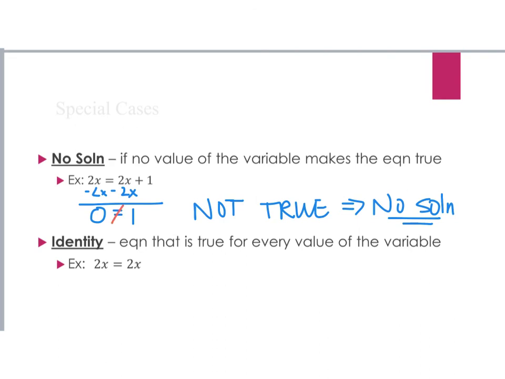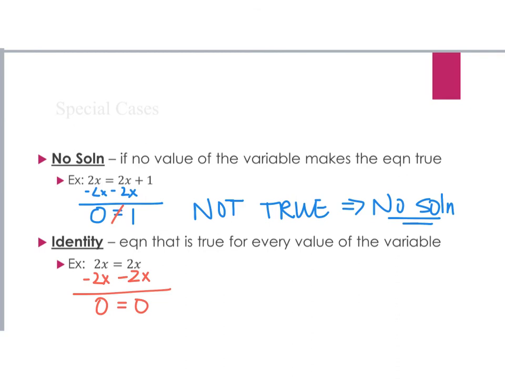Now for the second scenario, we have what we call an identity. This means that every value that we plug in for x, or the variable, is going to work and be true. And here we get that because I have 2x equals 2x, so first and foremost you can see that they're the same. Sometimes it's not this straightforward though. If I were to try to subtract 2x from both sides, you end up with 0 equals 0.